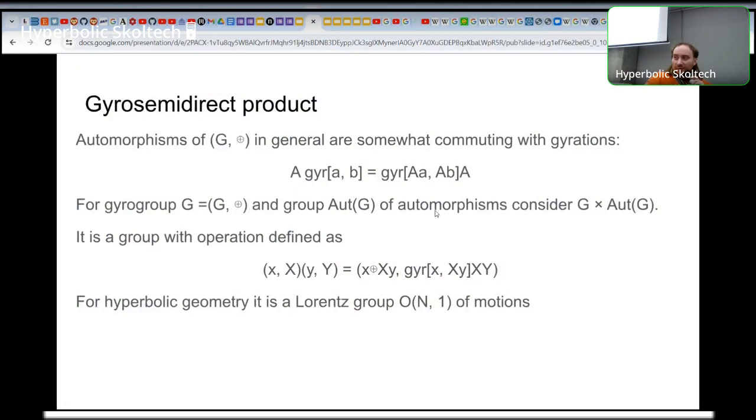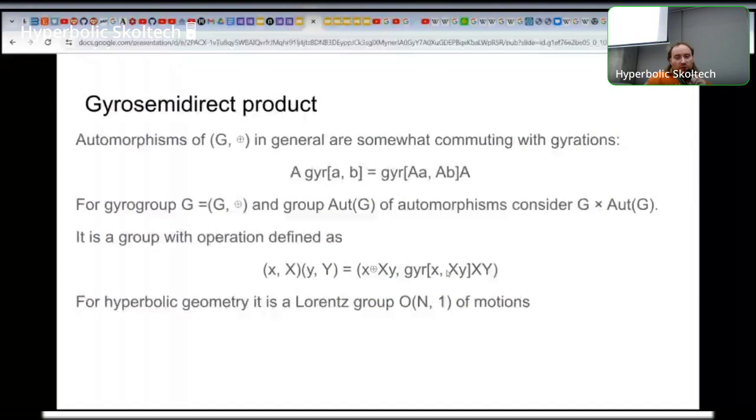It preserves the sum structure, and you can construct here this kind of thing from all automorphisms and gyrovectors. This sort of group, actually, this will be a group.